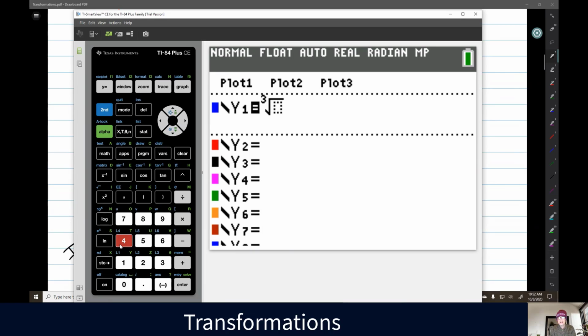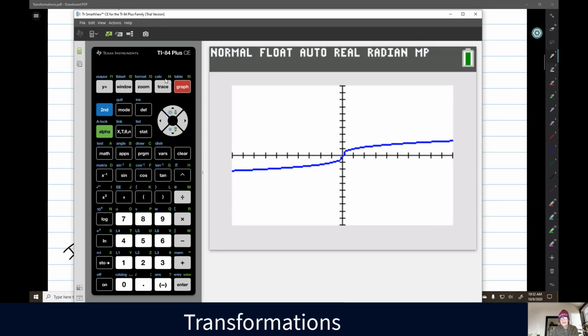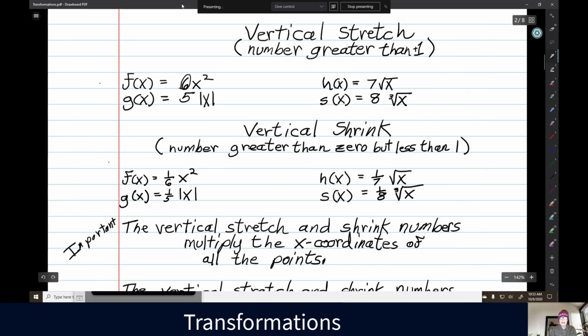Either way, I get that. And then I'll type x, and then I must go to the outside. I don't really have to, but it's a good habit to get into. There's the basic graph of y equals the cube root of x, the third root of x.